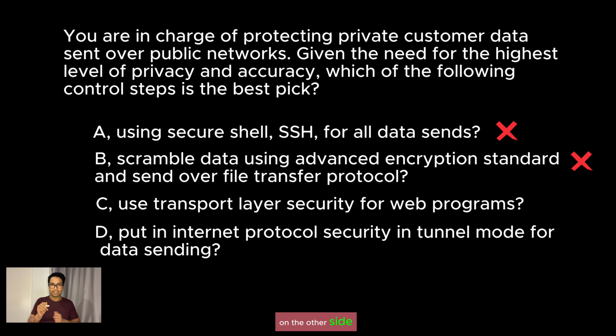And on the other side, TLS may not protect all kinds of data it sends, specifically at the network level. So that makes IPSec a better pick. IPSec will promise data privacy, accuracy, checking, and even anti-replay safety. This makes IPSec the strongest and fully fixed.